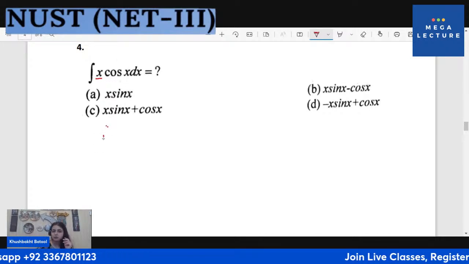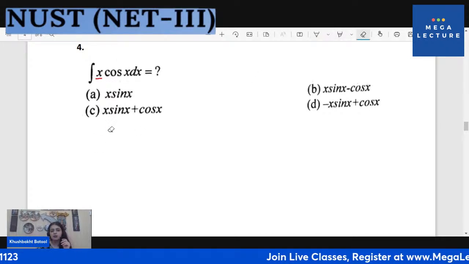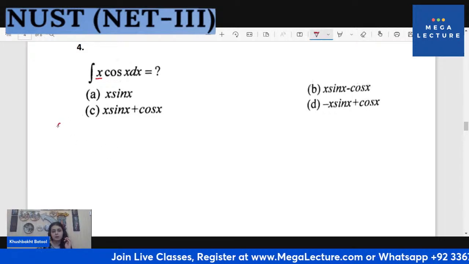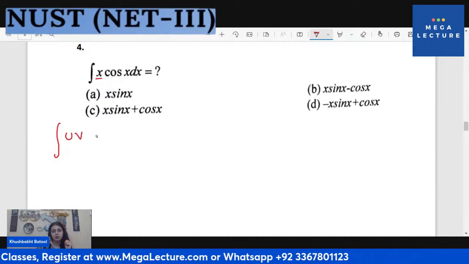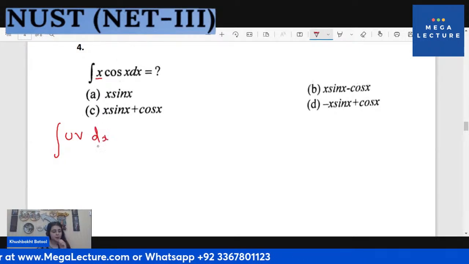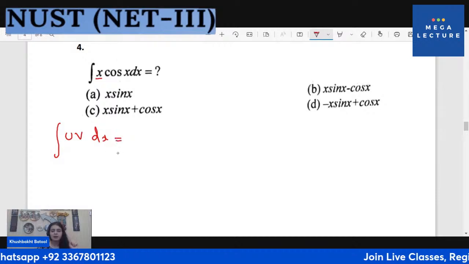So imagine that you have two functions. I'll write this formula in a very easy way. Integration of u v with respect to dx. Now u and v are two functions which are being multiplied in terms of x, and you need to integrate it.